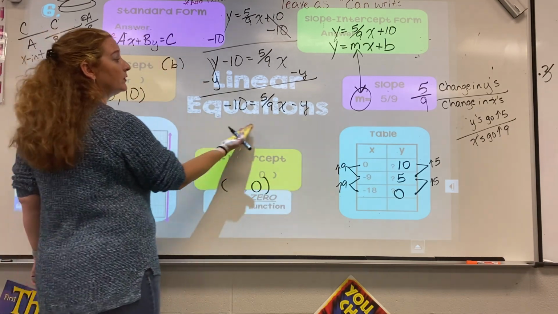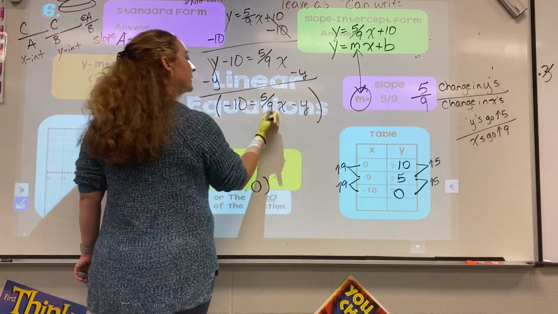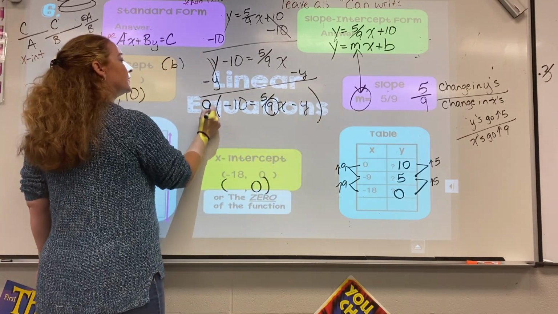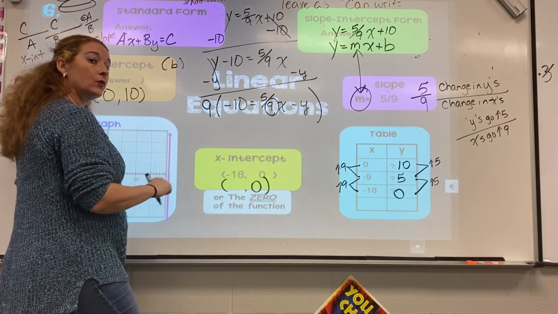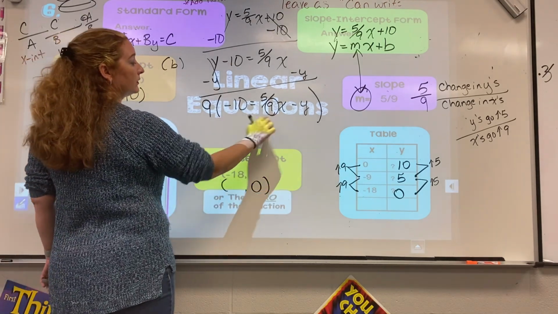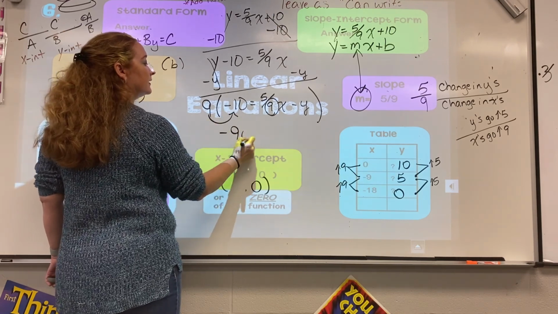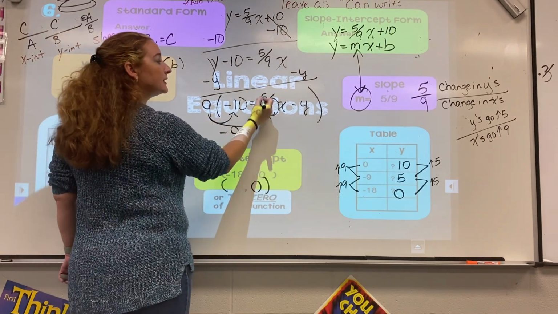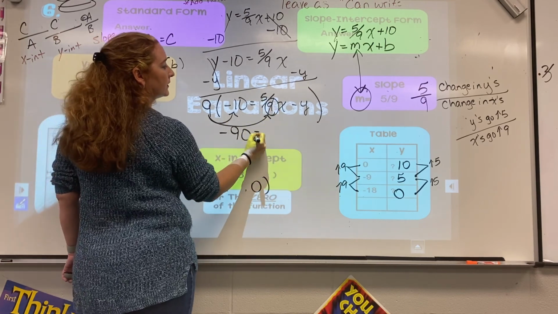Again, I gotta have whole numbers. It's not negative, so that's good. But I do need to multiply it by the denominator. Everything has to be multiplied by the denominator in order to make it a whole number. So 9 times negative 10 is negative 90. 9 times 5/9, well, the whole reason I multiplied by 9 was to cancel out the denominator.